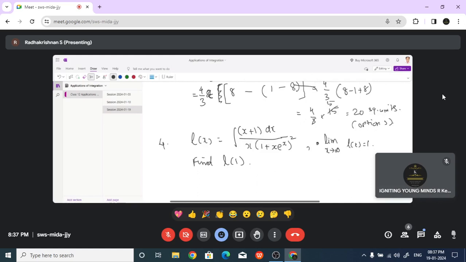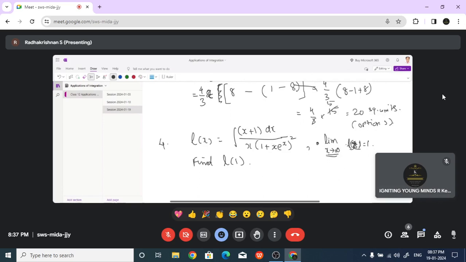So this is an indefinite integral problem. So you determine this indefinite integral and, by substituting x equal to infinity, you can get the value of c, because in an indefinite integral you will get a constant, right? So to get the constant, they give this limit condition, limit x tending to infinity of L of x.